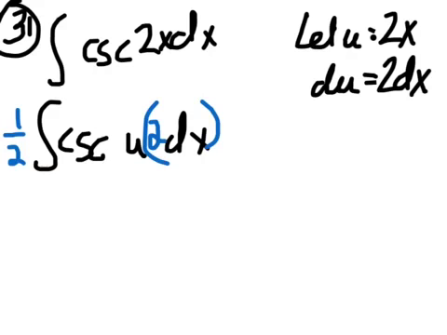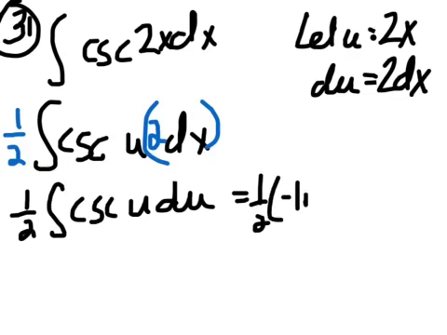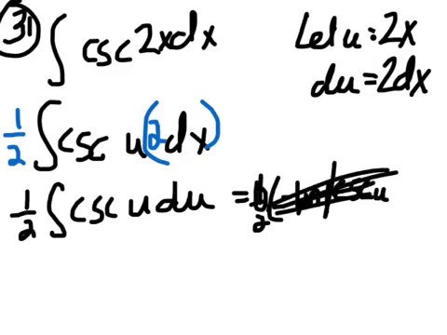Now I can say that's a half times the integral of cosecant u du. Well, what is the integral of cosecant u? If you go look it up on your chart, it's long.